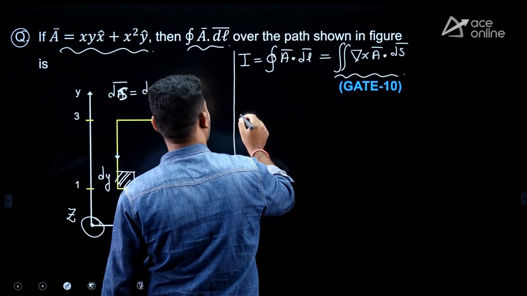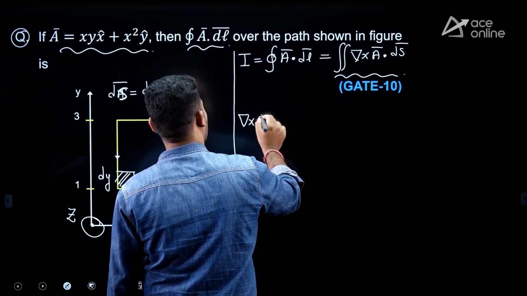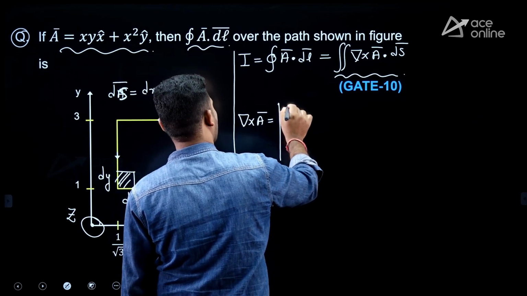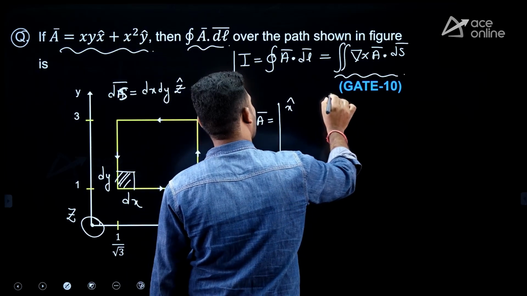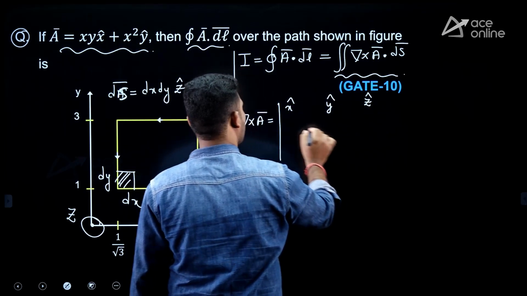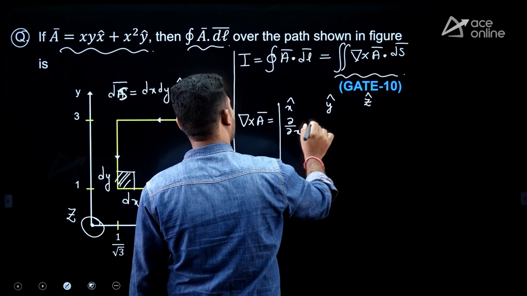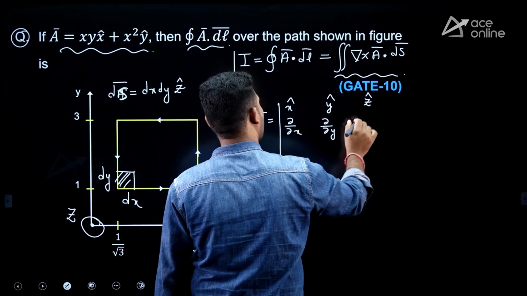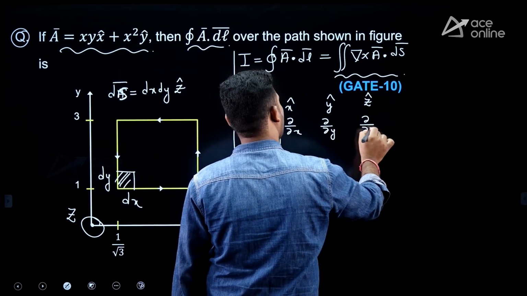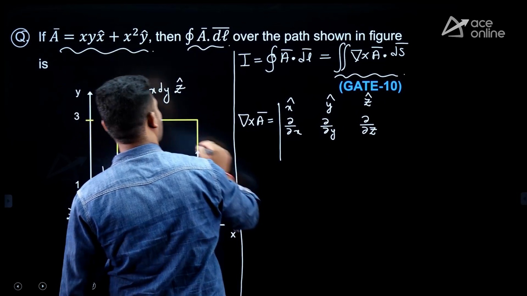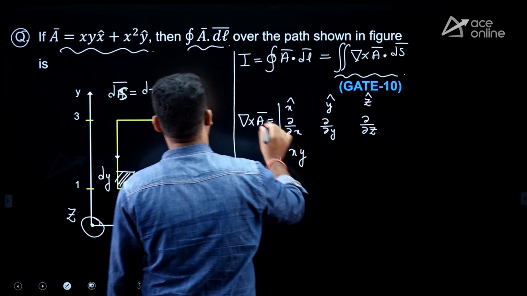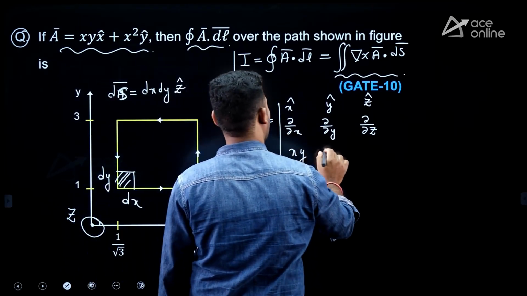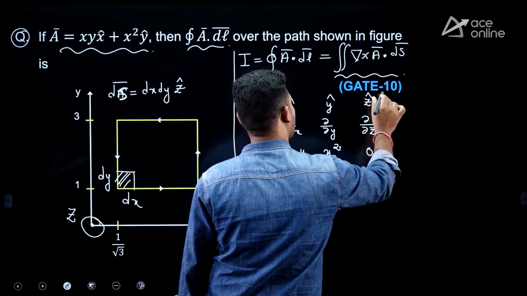So del cross A is equal to the determinant of x cap, y cap, z cap, dou by dou x, dou by dou y, dou by dou z. What is the x component, guys? It is xy. Y component is x square. This is 0.